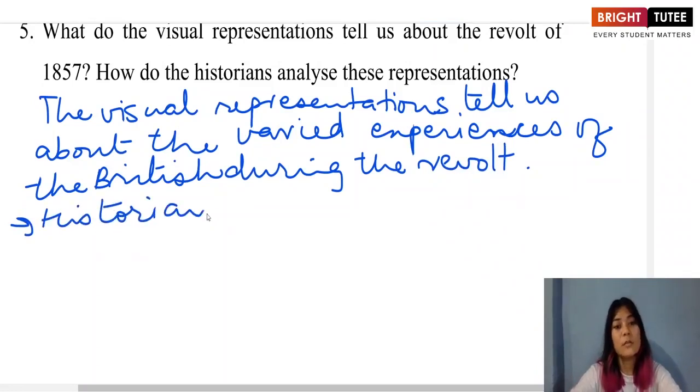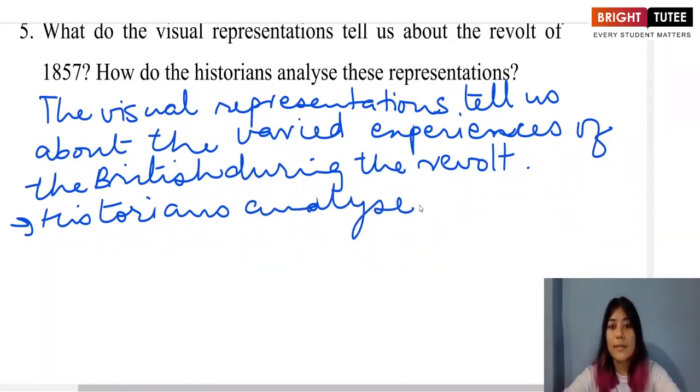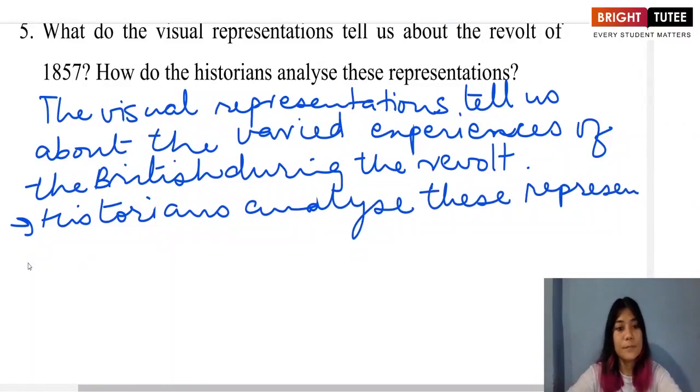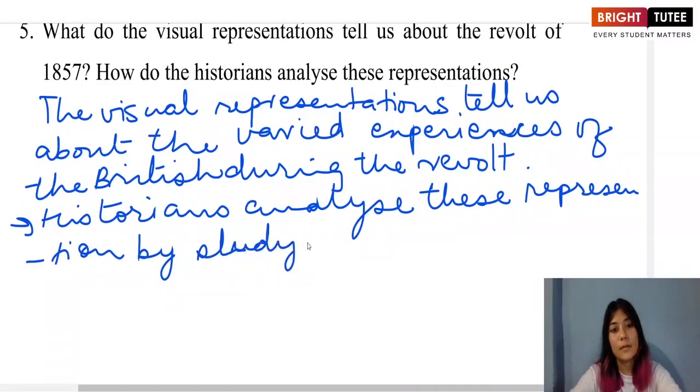Historians analyze these representations by studying the depictions.